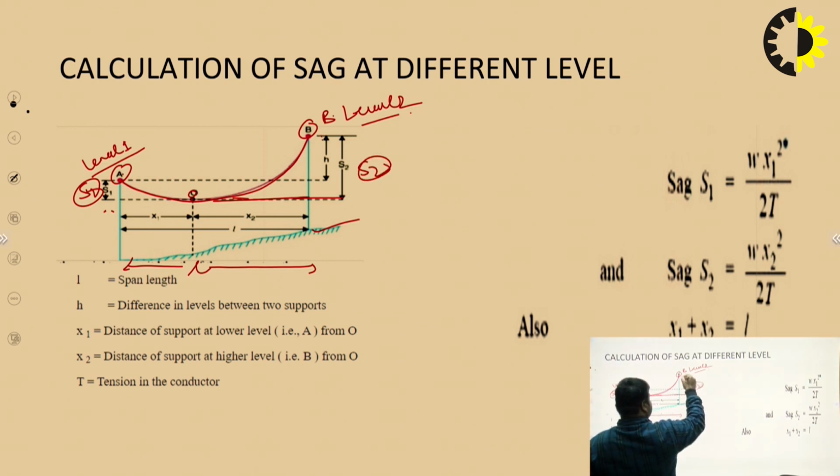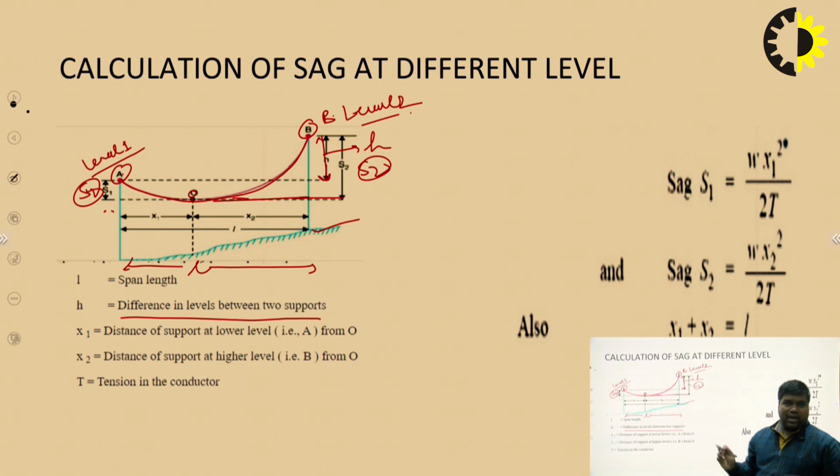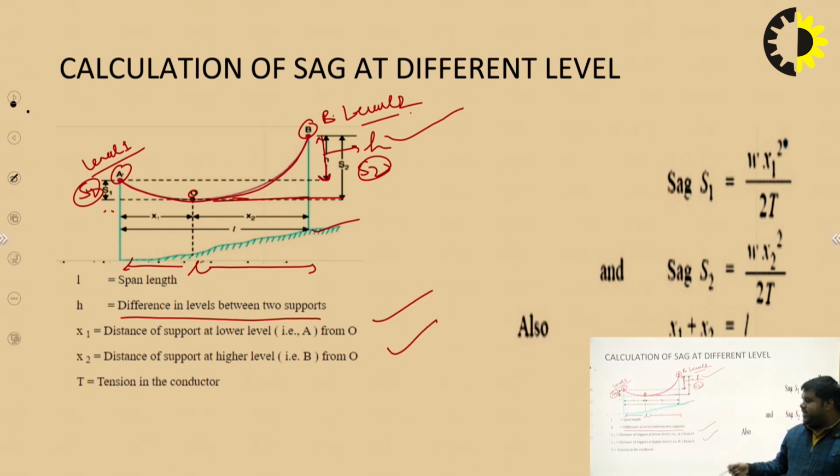This is H, basically the difference in levels between the two supports. X1 is the distance of the support at the lower level, that is A, from O, and X2 is the distance of the support at the higher level, that is point B, from O, and T is the tension in the conductor.